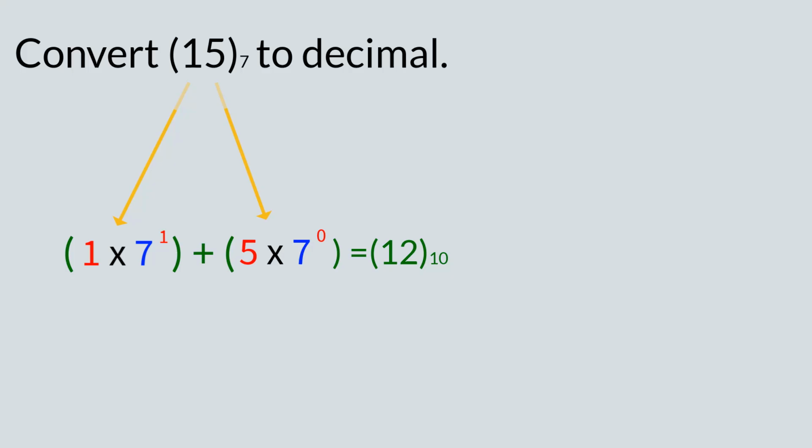Since 7 to the power of 1 is equal to 7 and 7 to the power of 0 is equal to 1, this becomes 1 multiplied by 7 plus 5 multiplied by 1. So we have 7 plus 5, therefore 15 in base 7 is the same as 12 in base 10. So the symbol 15 in base 7 represents the value 12 in base 10.